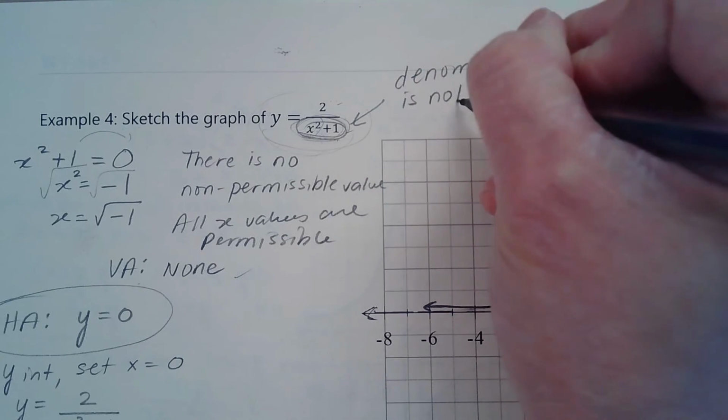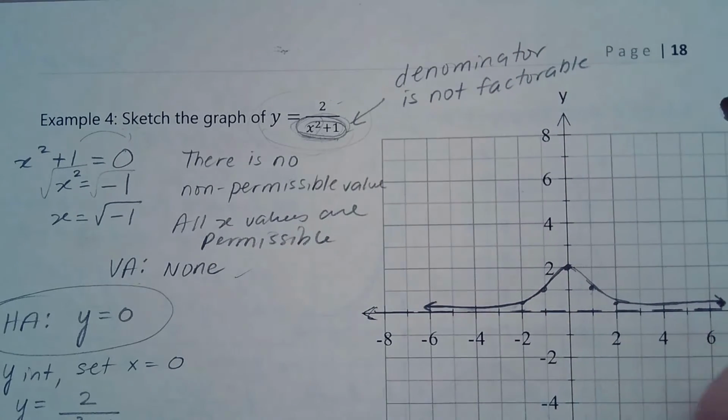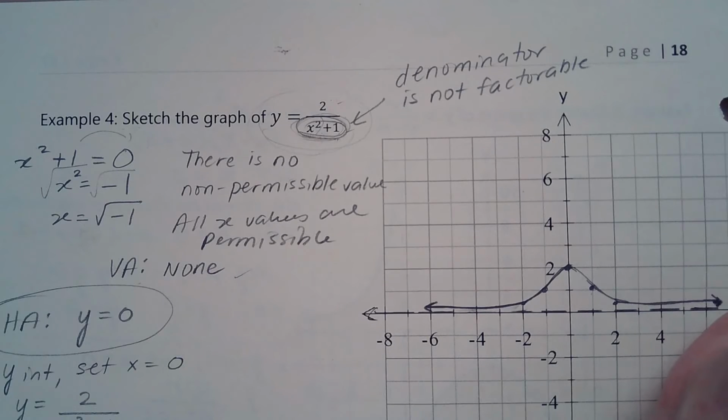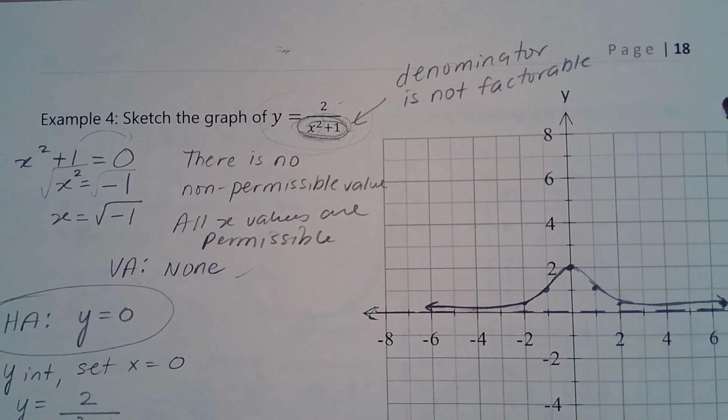Okay, so the denominator is not factorable because it's not a difference of squares. Yeah, it's a sum of squares. Okay. Is that okay? Did I answer your question?